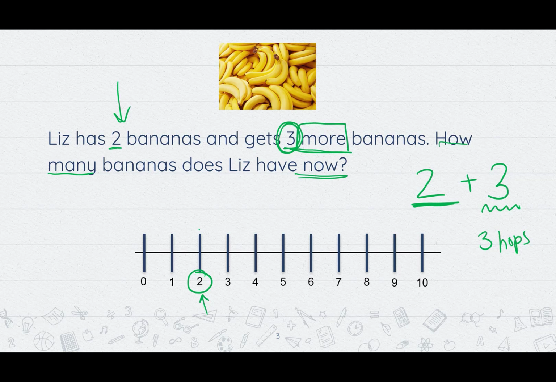So if I do my hops, I go 1, 2, 3. And then whatever line I end on should tell me what my number is. And I ended on 5. So if Liz started with 2 bananas and she got 3 more bananas, now she has 5 bananas.